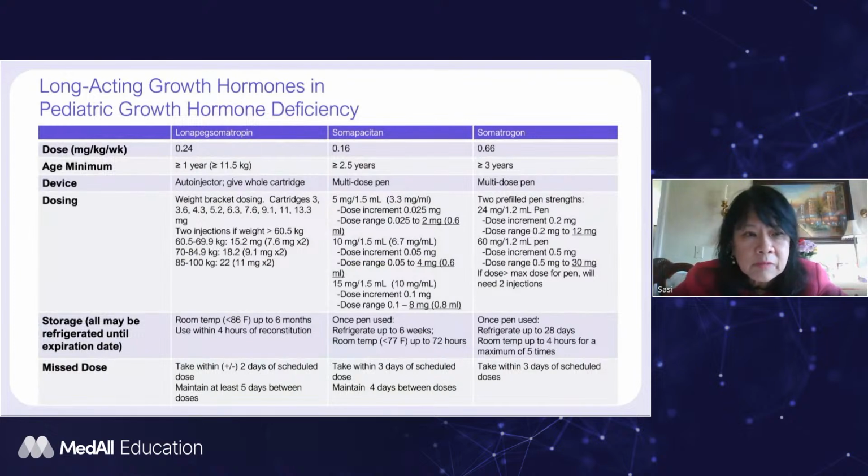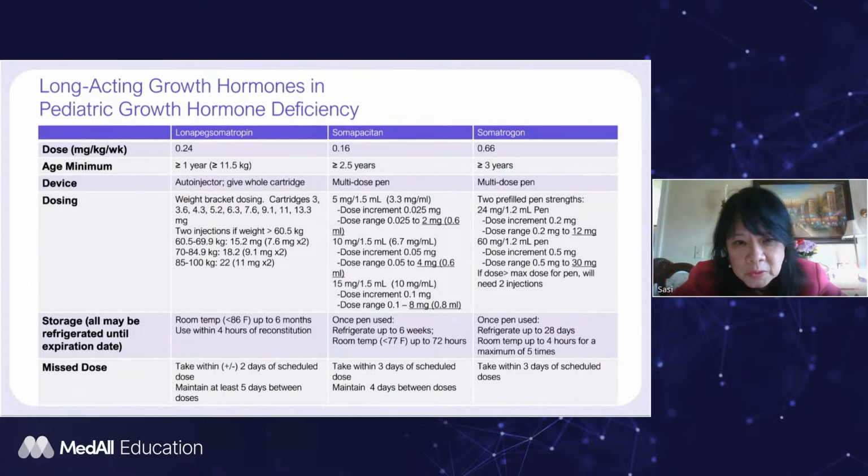And here we compare how we dose the different types of long-acting growth hormone. You can see that lonapegsomatropin uses weight brackets, and you give the entire dose of the cartridge. So it's pretty convenient this way. You just look at the weight bracket and then give the full dose.